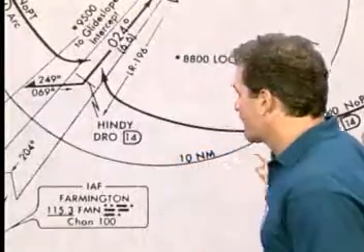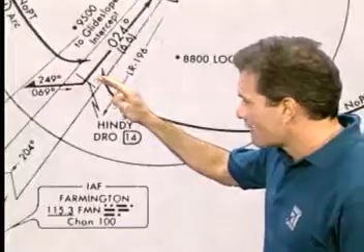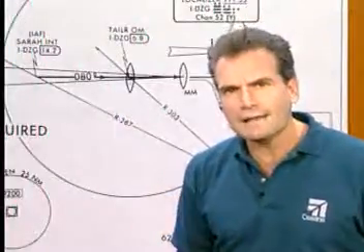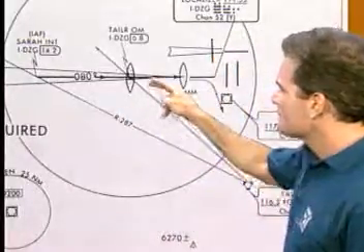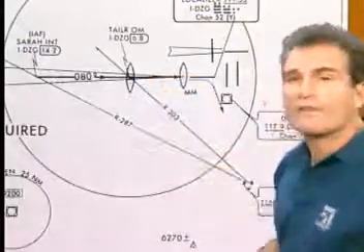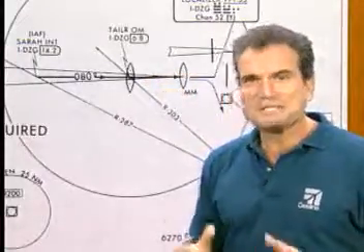So in order to use this procedure, you must have the equipment to fly that arc and identify that fix. On the other hand, the fixes on the ILS Runway 7 approach at Denver have cross radials you could use to identify those fixes without DME. So DME isn't required and it isn't in the name.